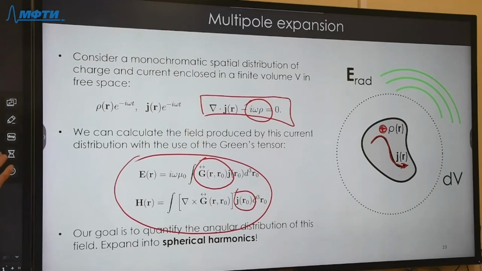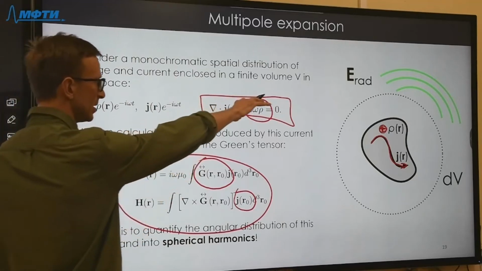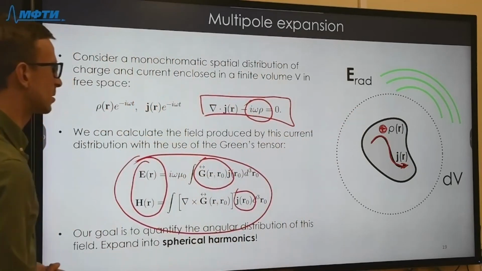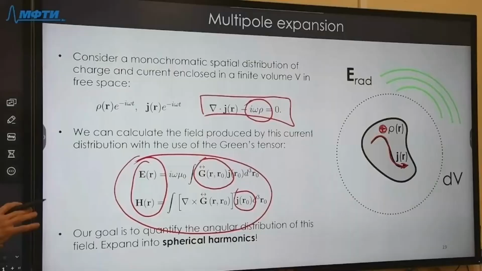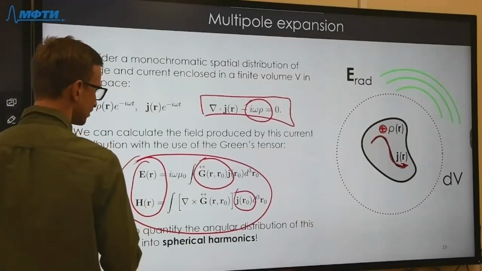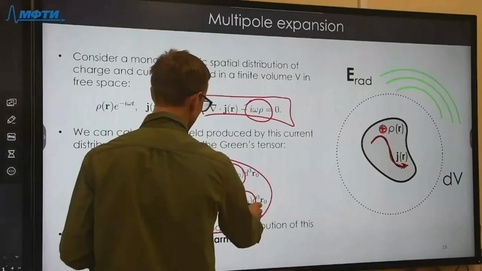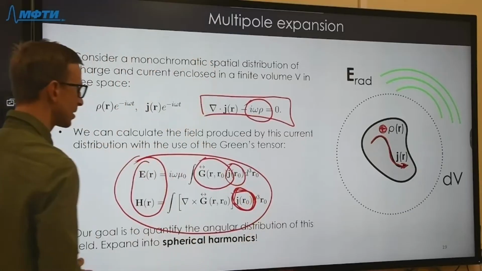So what we're going to do is expand this radiated field E and H into spherical harmonics, and then we're going to relate the amplitude of different spherical harmonics to these localized current densities.